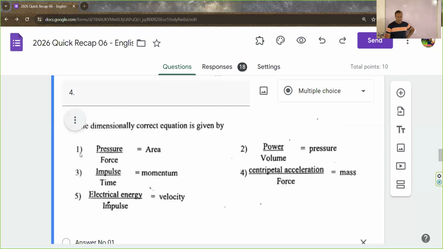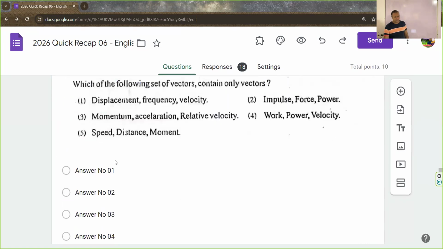Yes, power is a scalar quantity. Other? Work. Yes, work. Work and power are scalar quantities. Very good. Then the fifth answer. What are the scalar quantities here?